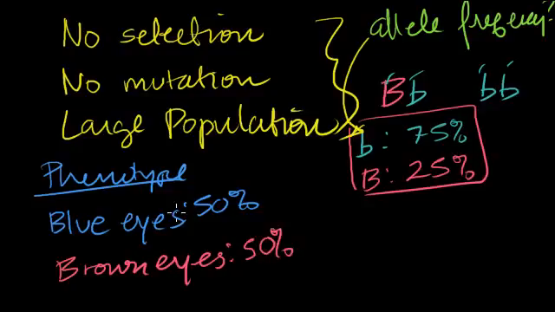I want to make this distinction very clear, because it's going to be very confusing when people talk about allele frequency. Allele frequency is literally if you were able to go and look at the actual genotype, the actual chromosomes of every person in the population, and count how many of them had the blue allele versus the brown allele, you would come up with this number. This is different than the actual phenotype frequency.